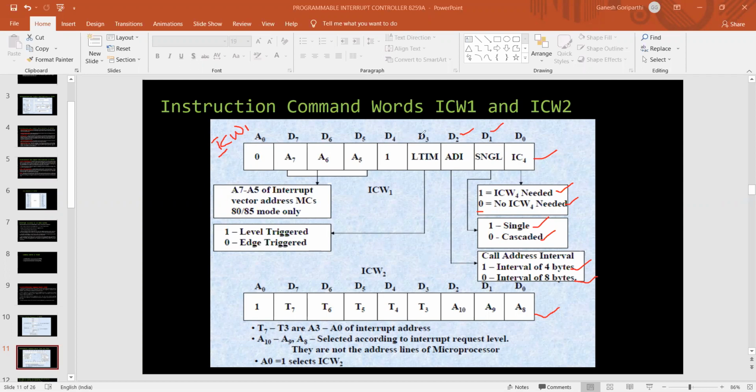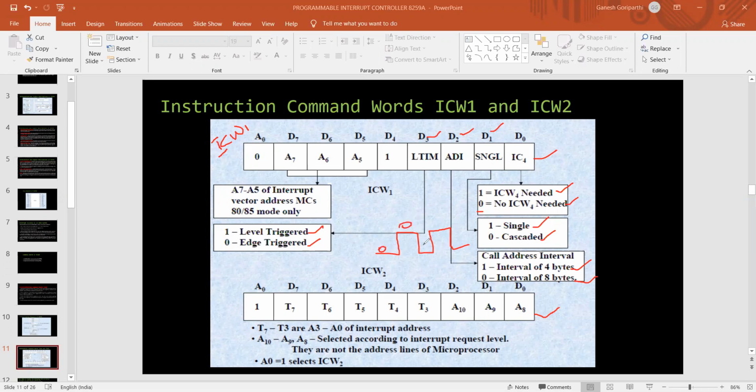Next, the D3 bit. What does this D3 bit state here? The D3 bit states whether the interrupt is level triggered or edge triggered. I told you the difference between level triggered and edge triggered, but for those who missed that class, I am telling you again. Level triggered means low level triggered or high level triggered.